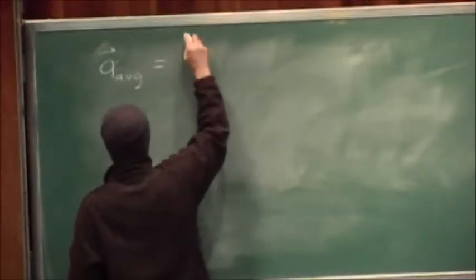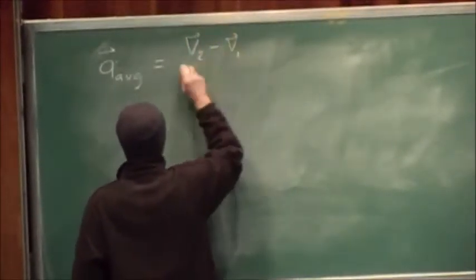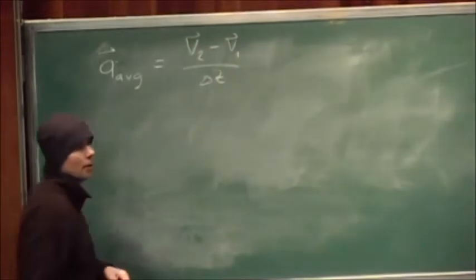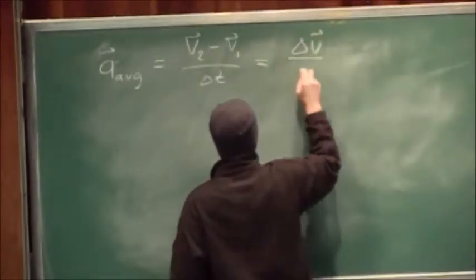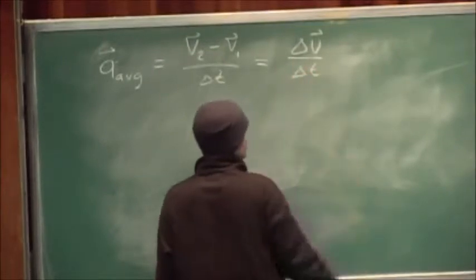Yeah. Velocity 2 minus velocity 1 divided by the change in time. Okay, good. So this is a vector again. What we're going to have is velocity 2 minus velocity 1 all over the change in time. Okay? And we refer to this as delta v over delta t.